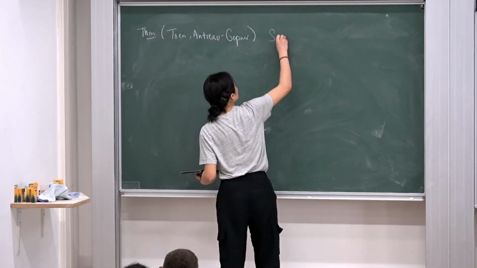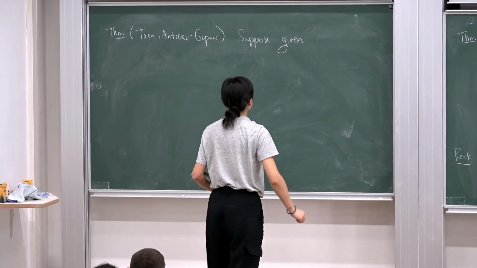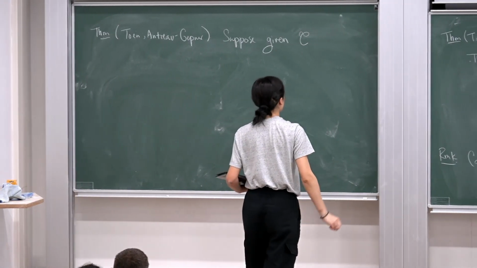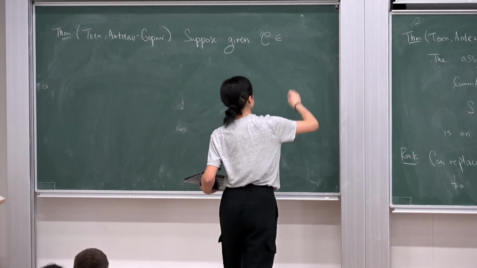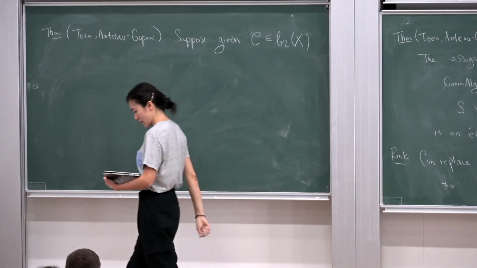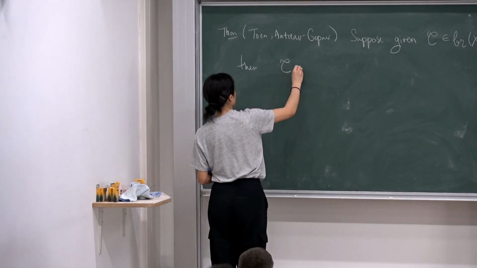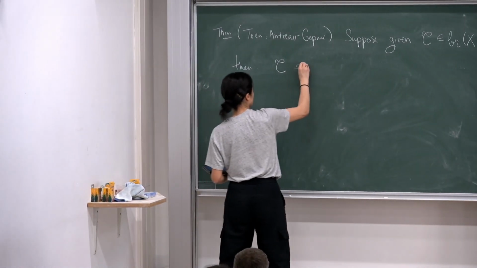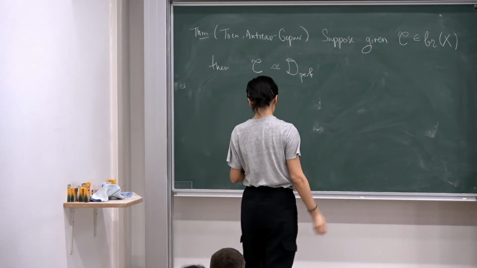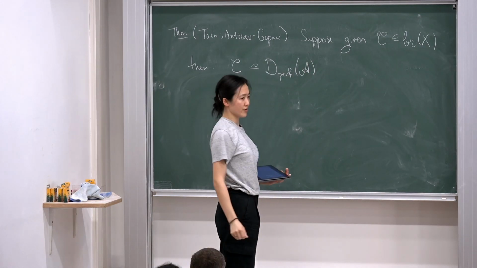Suppose given an object, or a point, in the derived Brauer space of X. Then C is equivalent to the perfect derived category of some generalized Azumaya algebra over X.